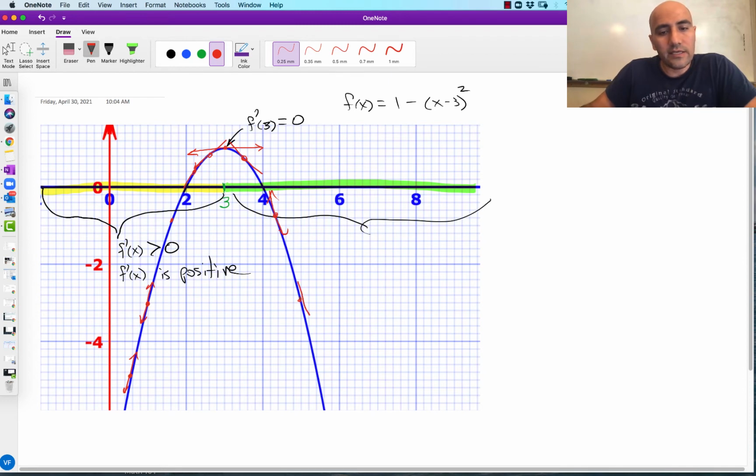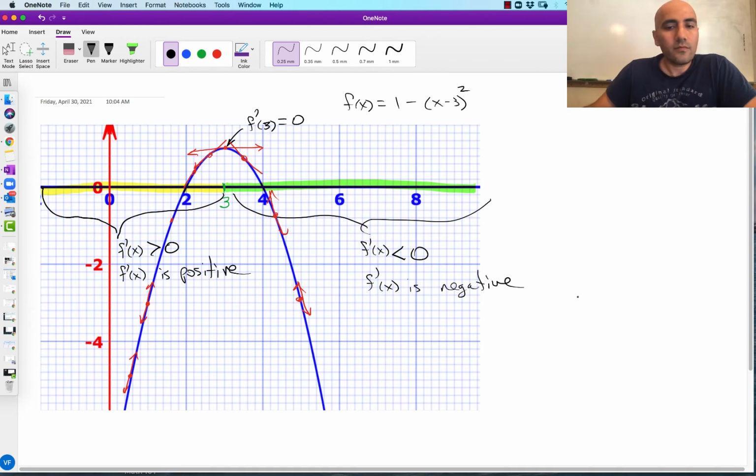And what we notice is that for all of these points, the slopes of the tangent lines are always going to be negative, right? Negative slopes. So we would say that f prime of x is going to be less than 0, strictly less than 0 in any one of these values. Or we would just say that f prime of x is negative.